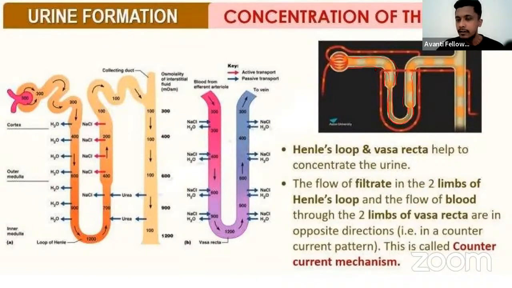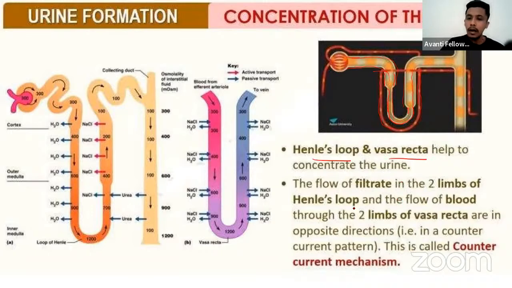And the second arrangement is, look at how the vasa recta is organized. The vasa recta surrounds the loop of Henle in a similar fashion. But if you see the movement of substances across these two structures, it is in the opposite direction. So let us understand very clearly. What is the countercurrent mechanism? Here the concentration of urine happens because of the loop of Henle and vasa recta.